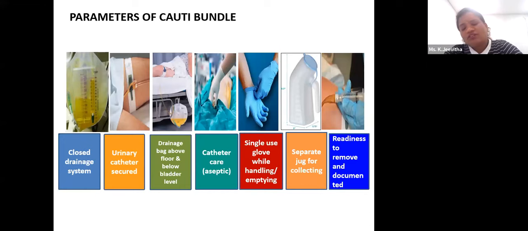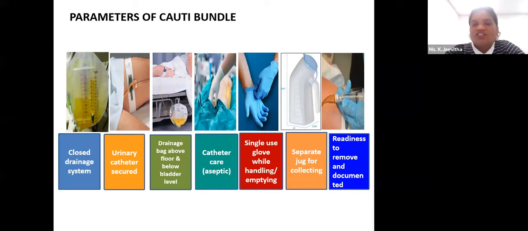Most of the time this mistake happens when you are transferring the patient, and sometimes you may not clamp the catheter, or there will be a chance of backflow. So unnecessarily the patient may get infection. So please make sure that whenever you are transporting the patient or making the patient lie on the bed, the bag is below bladder level.